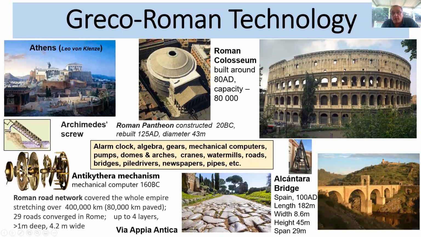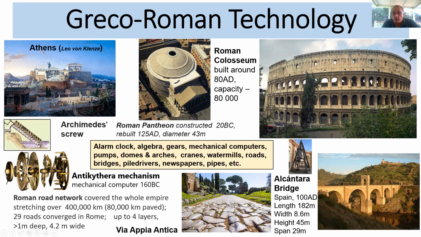While the artistic and cultural achievements of the Greek and Roman worlds are universally admired, they did have some significant technological achievements as well, which are worthwhile to not only mention but admire. First of all, the first mechanical computer, which was invented in 160 BC.